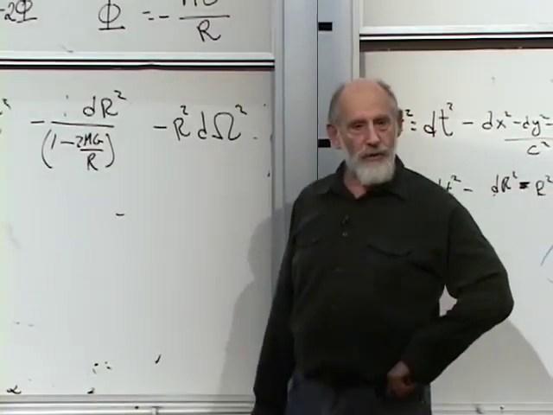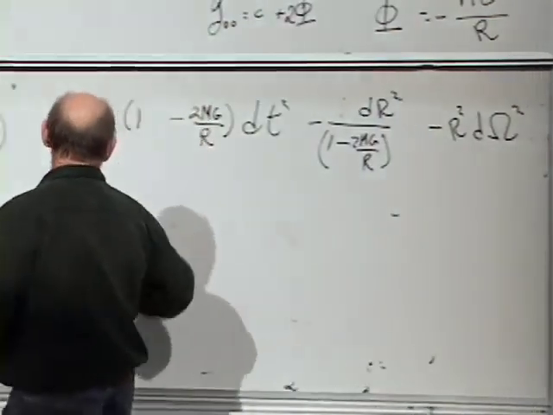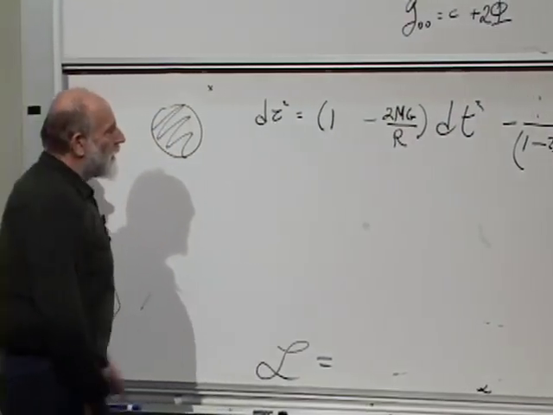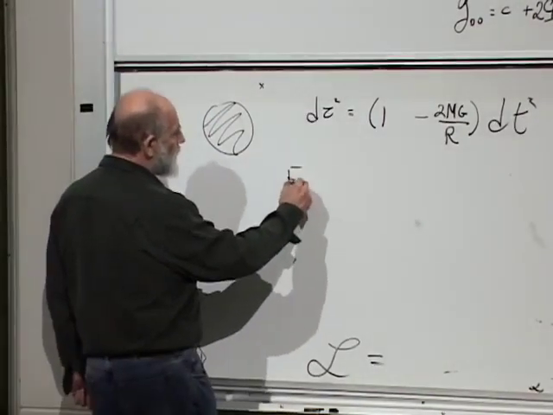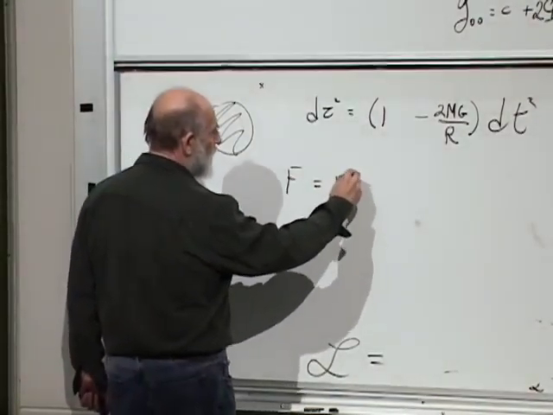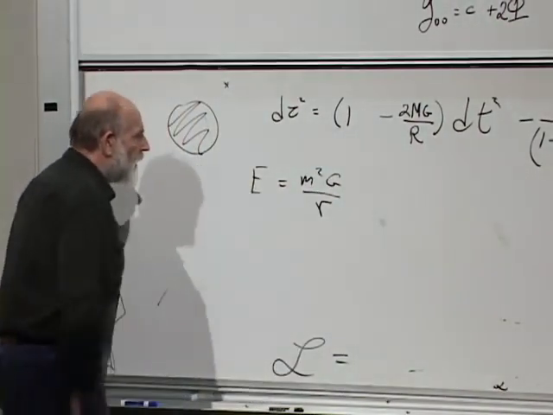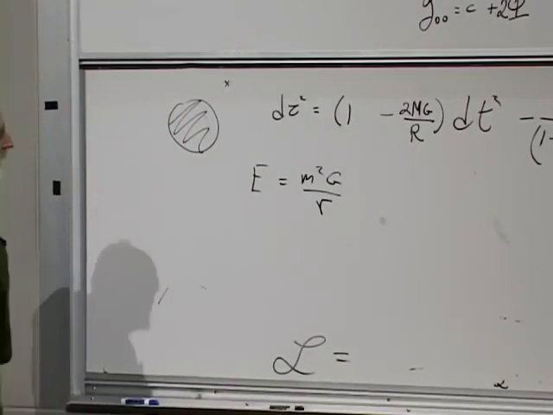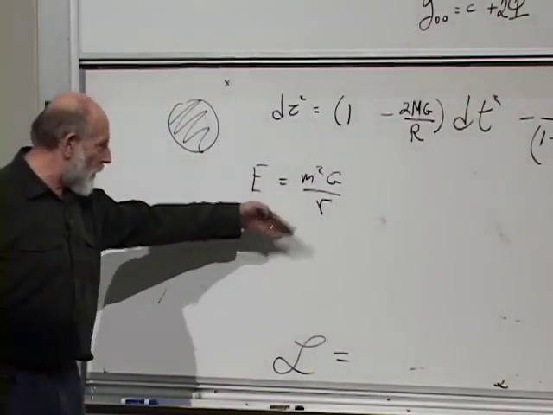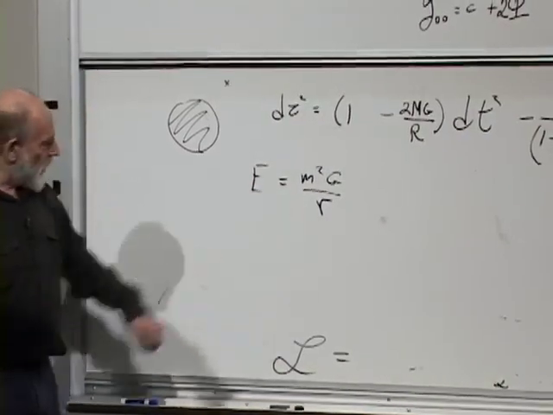Let's figure out what the units of capital G are. Force is equal to mass squared G over R, right? No, energy. Energy is mass squared G over R. I don't literally mean equals, although I mean the same units, okay?